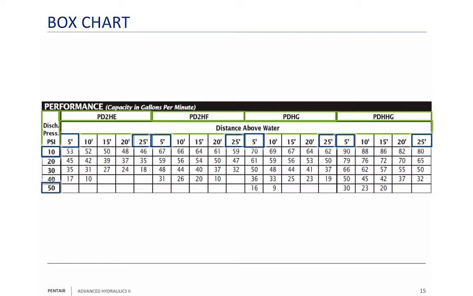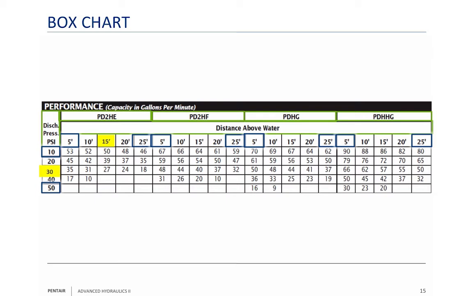If we want to do 15 feet of lift and 30 psi, all right, you can't mix psi and feet of head, but if you change the psi to feet of head, now you can do it. So 30 psi times 2.31 is going to be almost 70 feet, plus 15, that's 85 feet.